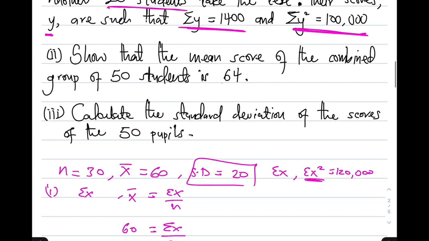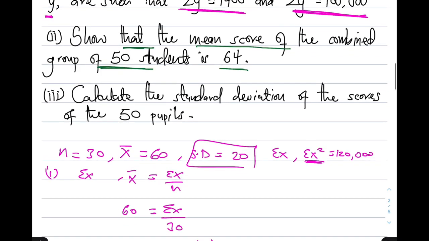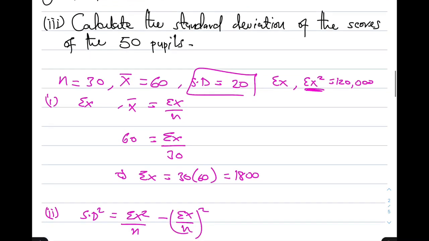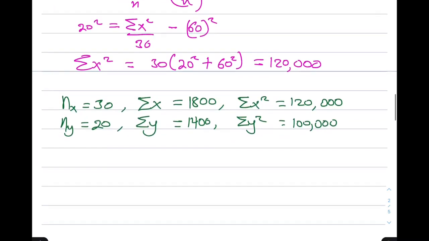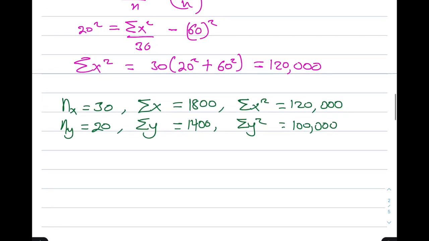The first thing that we need to do is to show that the mean of this combined is 64. So when we solve and we don't get 64, we are wrong. When we solve and we get 64, we are correct. All right, so let's do this. Now, the mean formula, always write the formula first because it will help you to know what you are doing.